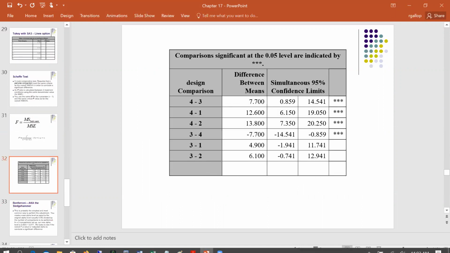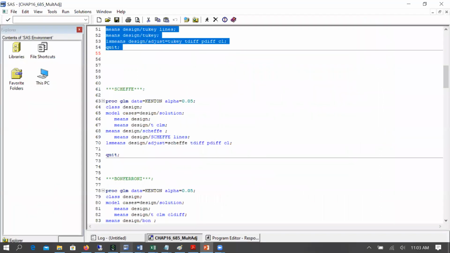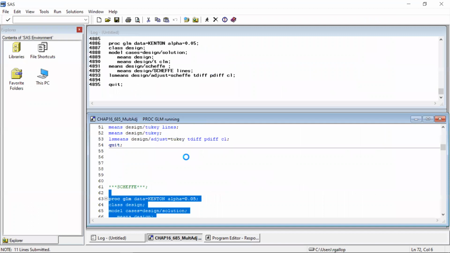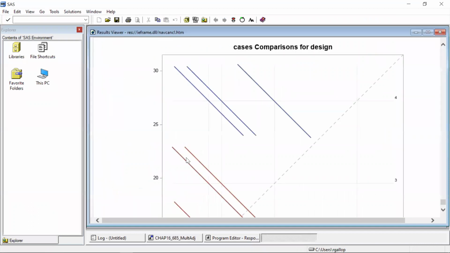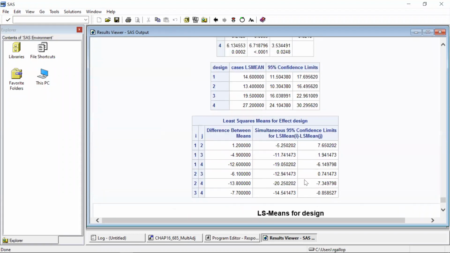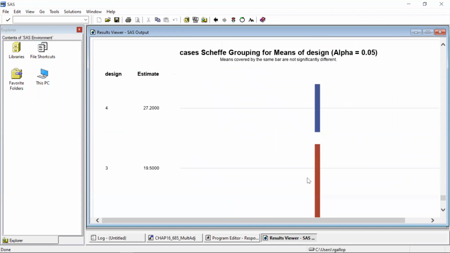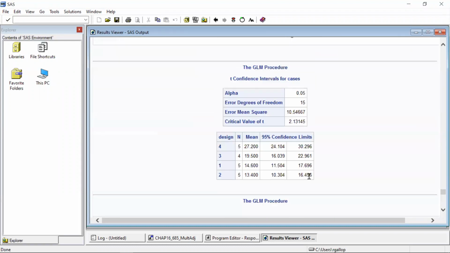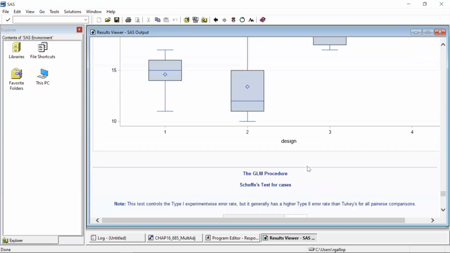So with the Scheffé, we'll do this SAS-wise rather. We go right here, and we go right here. Again, give us the whole top. I'll go from the beginning. Right, so again, there's the Tukey.